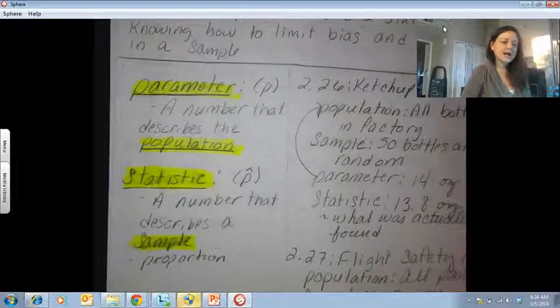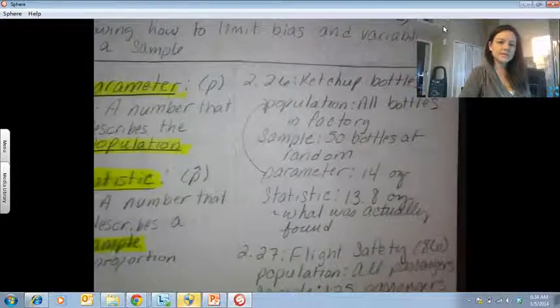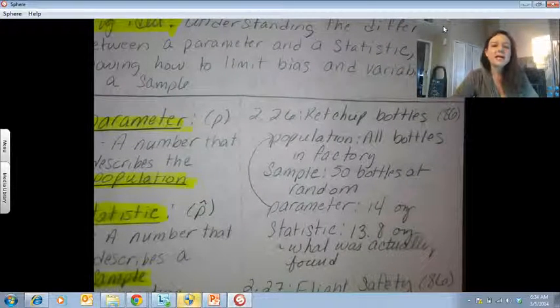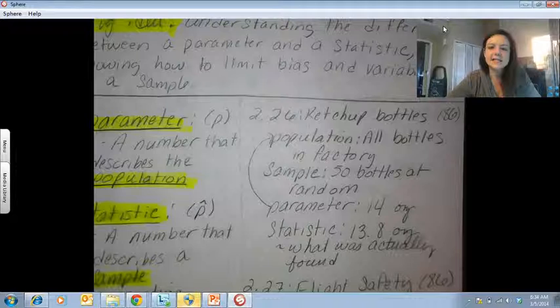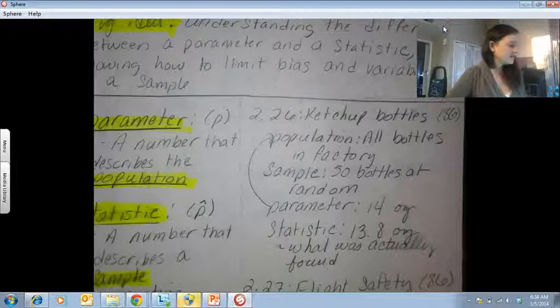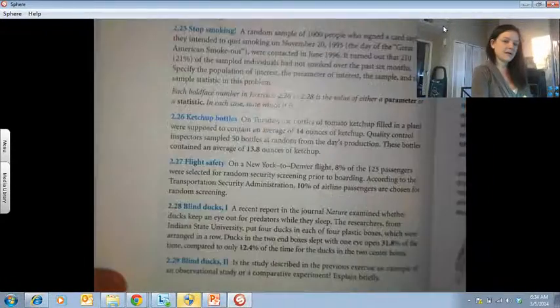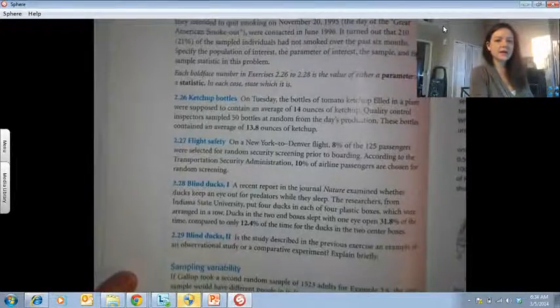All right? And then if we can go over these examples on page 86, the first one is 2.26, and it is ketchup bottles. So if you can turn to page 86, okay.